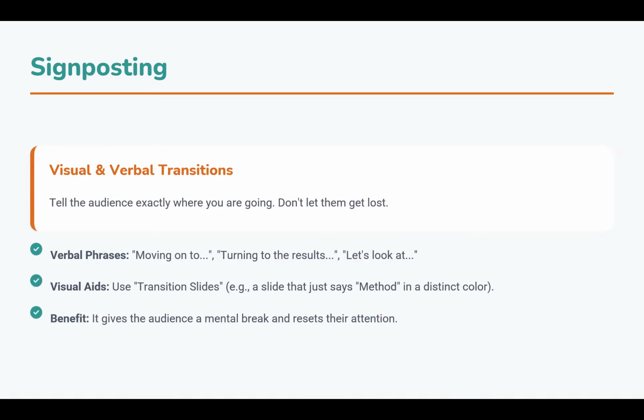So make sure that when you're transitioning between slides and those sections, they are smoothly connected, right? You can indicate them through verbal phrases like moving from methods to the data. You can also use slide transitions to indicate that, such as a distinct color for methods and a distinct color for results.